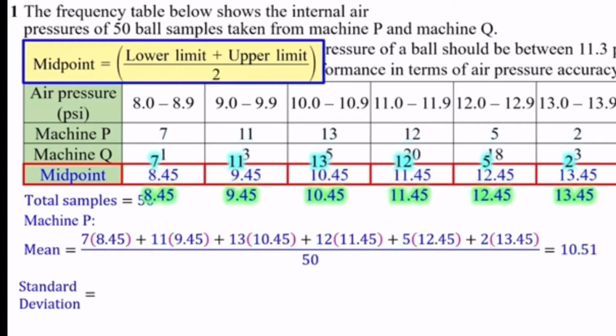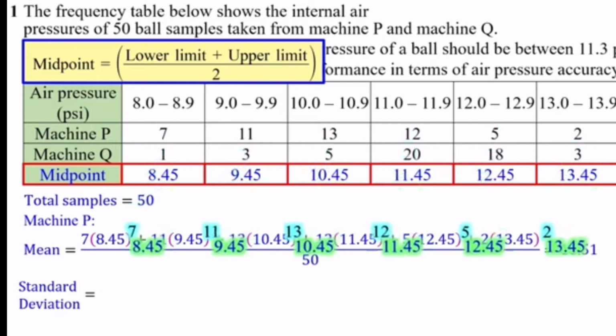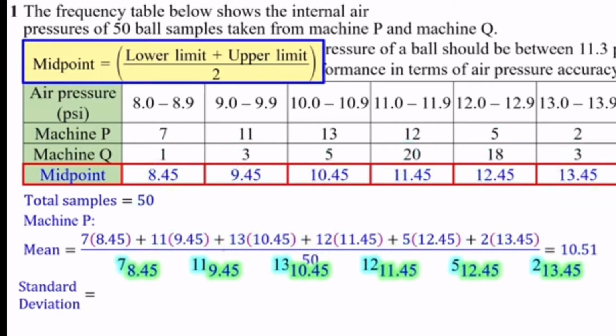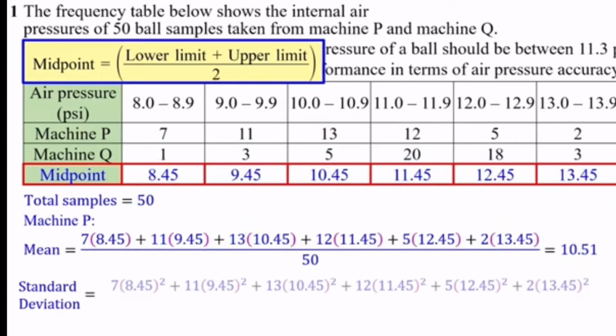Summation means we plus, so we copy down the blue and the green, and we will square the green one. The midpoint has to be squared, right? Remember that you have to put brackets for the midpoint and square. Alright, only midpoint square.